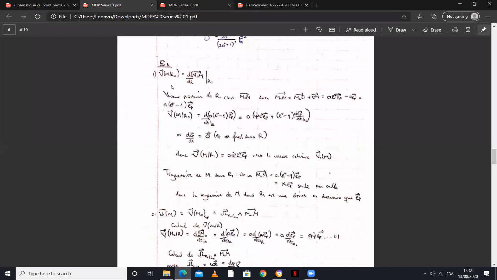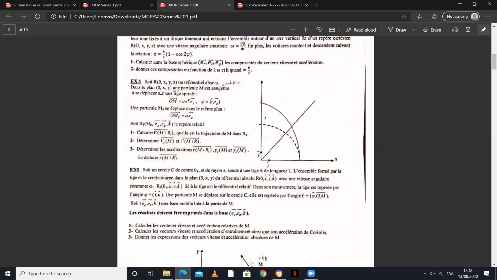Okay, in this question we have deux bases or deux repères rather. Even base can work since we have E i, j, k and we have E rho, E phi, k. So we have deux bases, R, O, X, Y, Z, un référentiel absolu. And then we have this one that's relative. Normally how the movement is that the repère relative moves around or with respect to this one, le repère absolu.